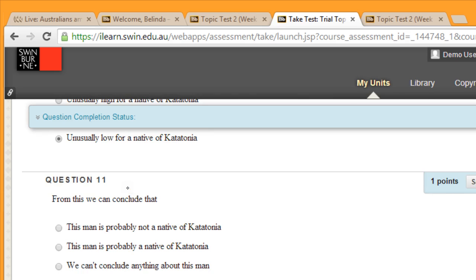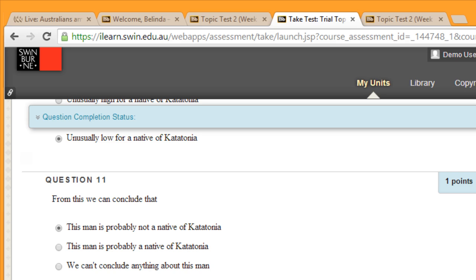We can't conclude anything. So we'll conclude this is the whole basis of inferential statistics, that if a particular case is more than 2 standard deviations from the mean, we say that person would be very unusual for that population. It's obviously not going to be true 100% of the time, but in 5% of cases we'll be wrong, because 5% of cases in any normally distributed sample will be extremely unusual.